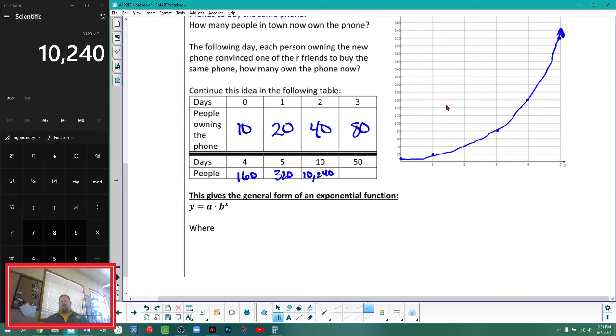But this brings us to a general form of an exponential function. These are exponential functions where I have y equals a times b to the x power, where a is the starting value, and b is kind of the growth rate.